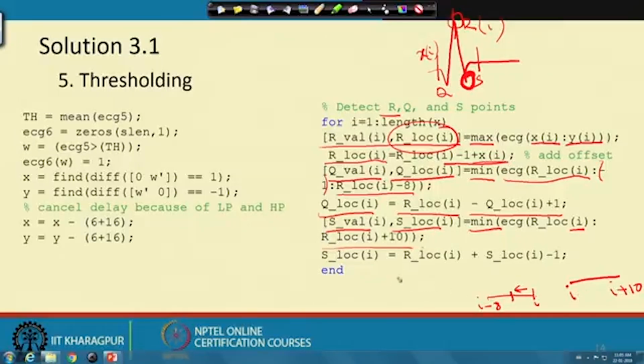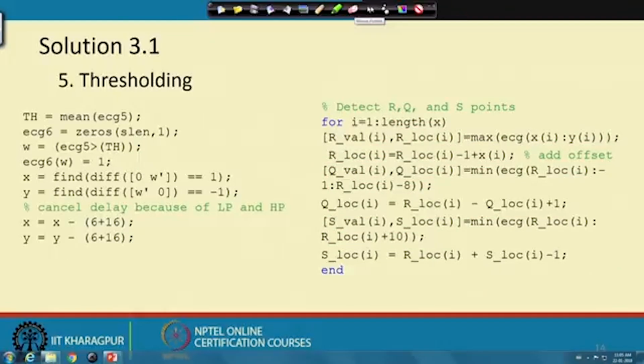So, we need to use the offset, that R location minus 1, we need to add that to find out the location with respect to the original ECG signal. So, all these things would run in a for loop, the number of times of how many R peaks we have received.